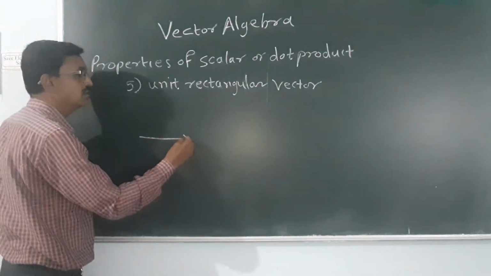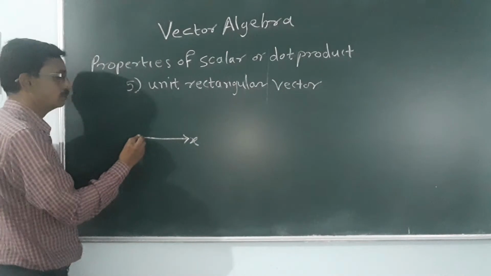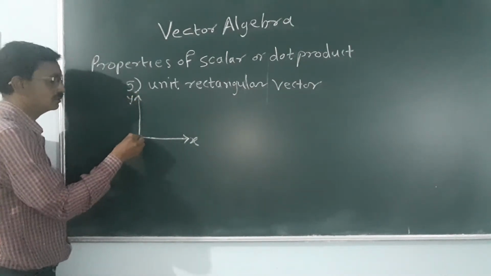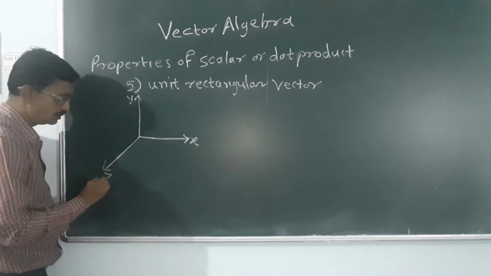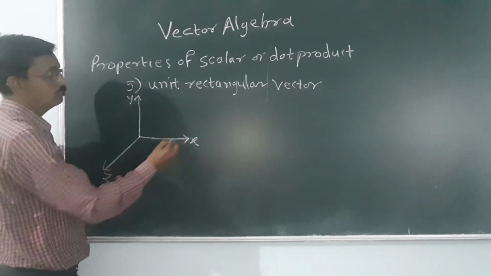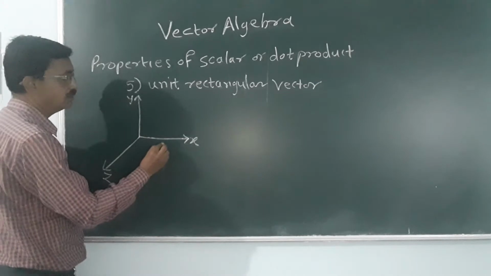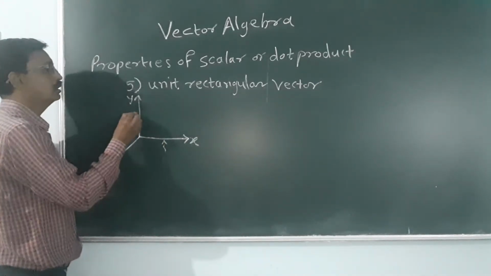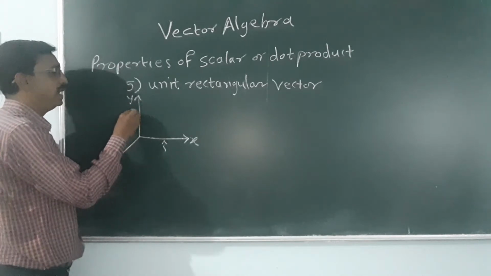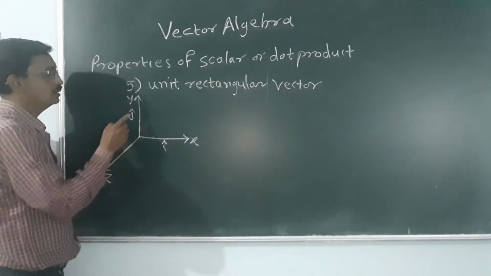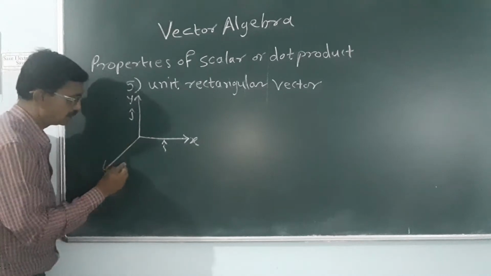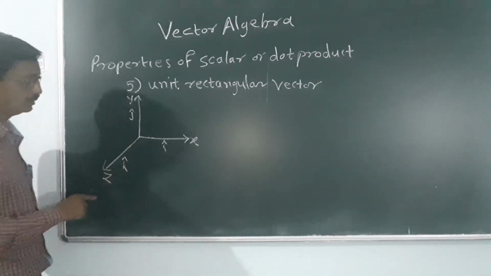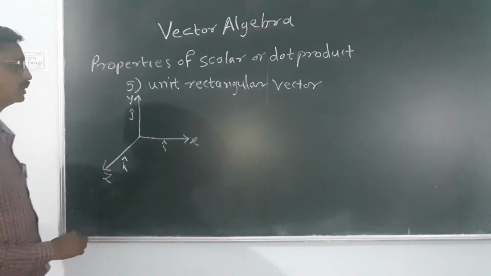Consider this is the x-axis, then this is the y-axis, and here is the z-axis. Along the x-axis, consider the unit vector i cap. Along the y-axis, consider the unit vector j cap, and along the z-axis, consider the unit vector k cap.